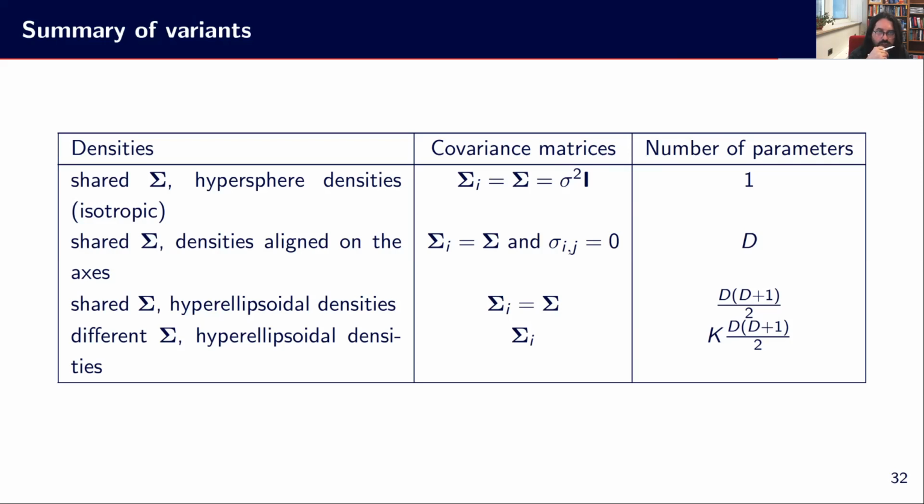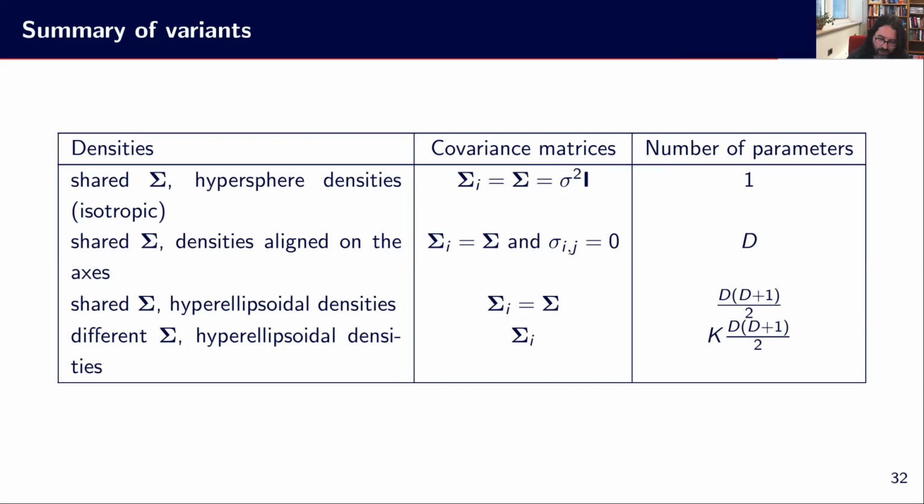If we get into a shared covariance matrix with densities aligned on the axes, basically no correlation, no covariance between the variables, sigma ij equal to 0, we've got d parameters, and that gets us something, again, quite simple with fewer parameters.